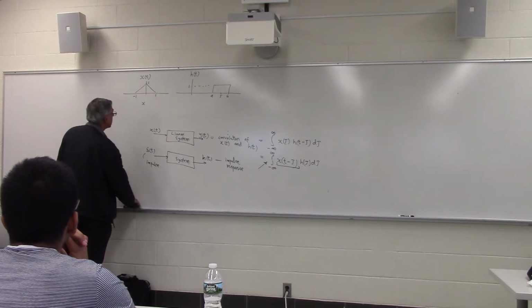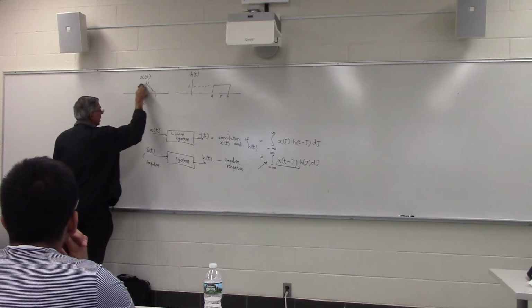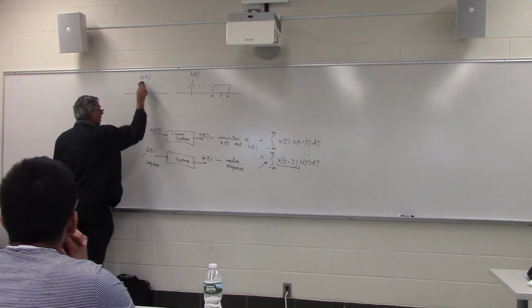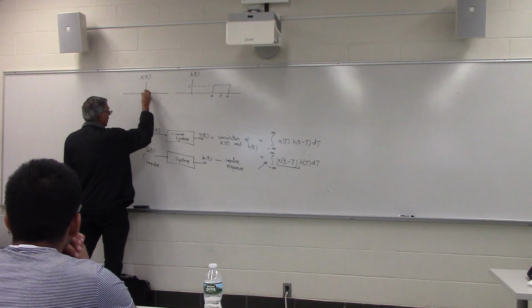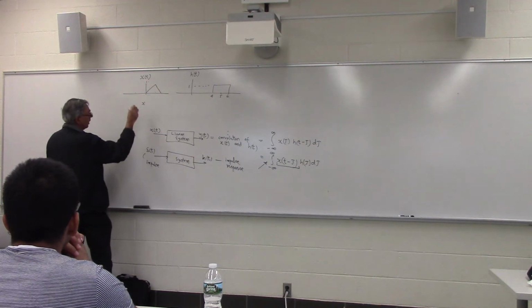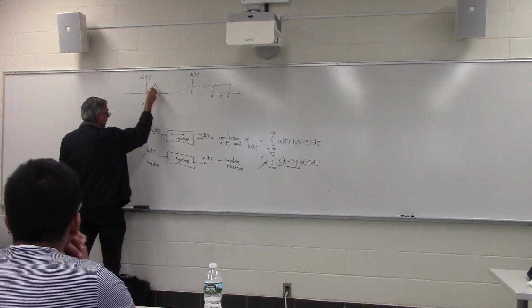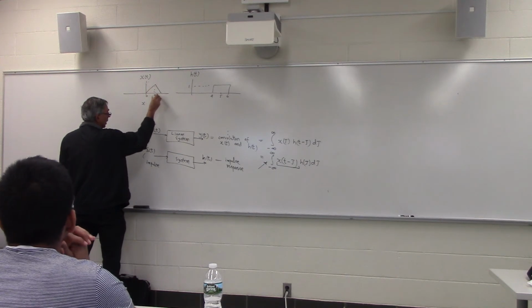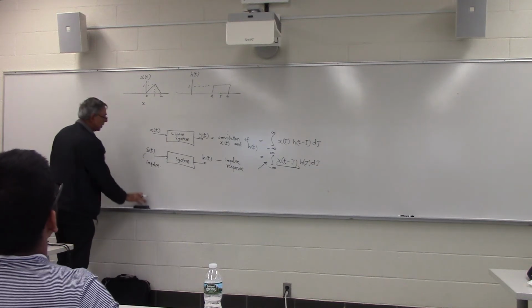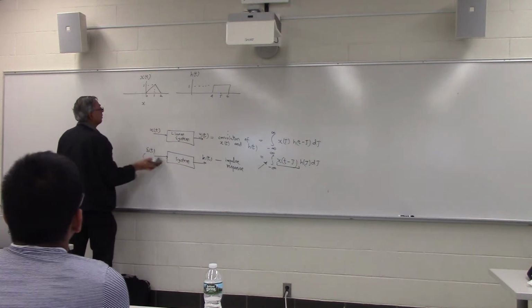Actually, let me make it a little easier for you to see, so that as I flip it, you can see it clearly. Let me make it 0, 1, 2, and 1 here. So this is my x of t in the beginning.